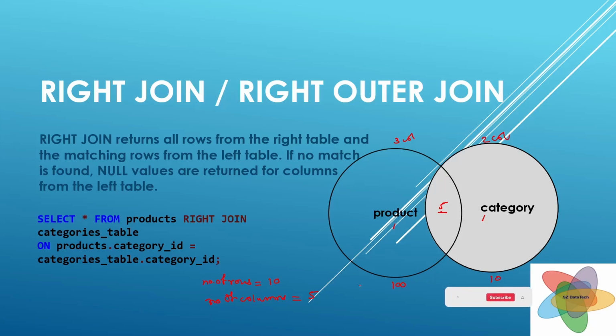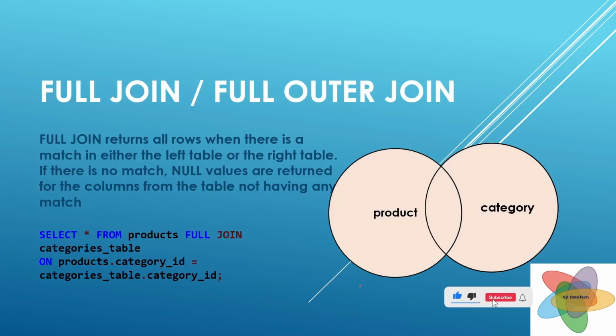Now let's move to the next join, full join or full outer join. Here, as we discussed earlier, we have 3 columns in the product table and 2 columns in the category table. Here we have 100 rows, here we have 10 rows, and we have C1, C2, C3, C4 and C5.